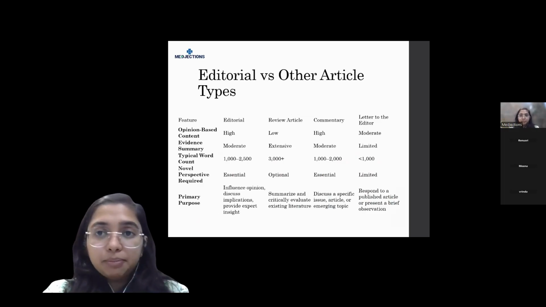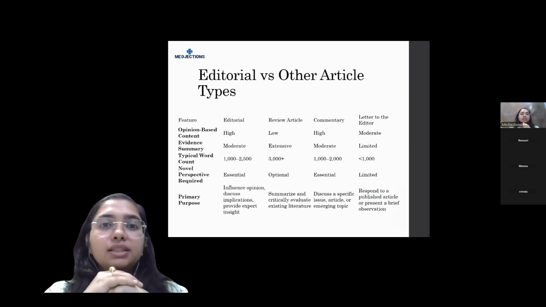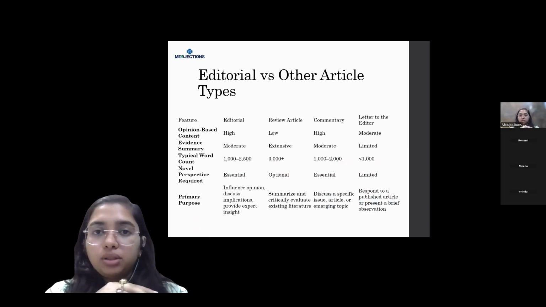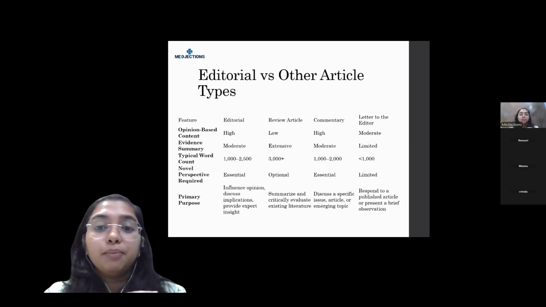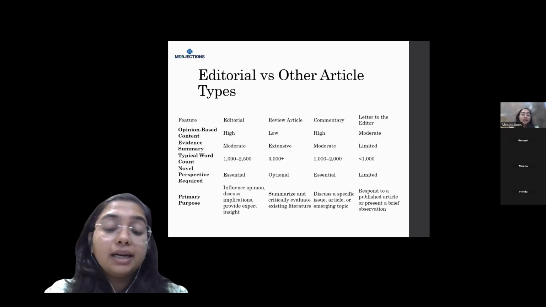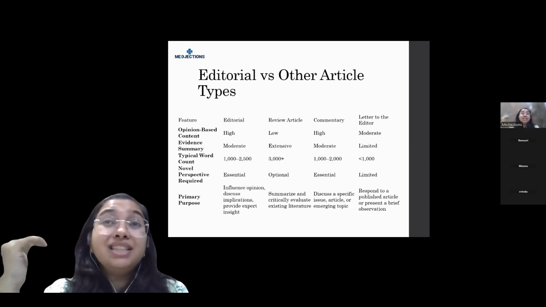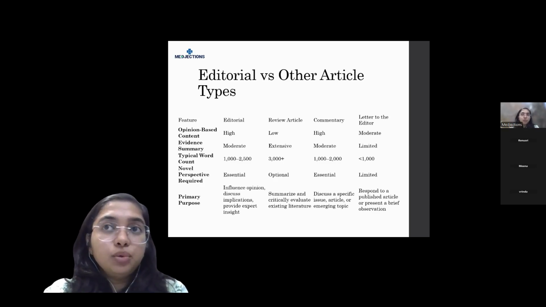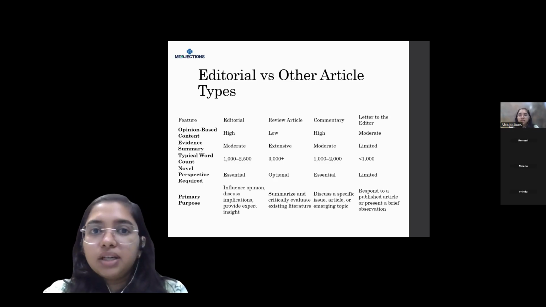You read that paper and then you felt that, okay, there are some points that I can talk about. If there is something about, for example, a cardiomyopathy drug, and you felt that, okay, this is something important, then you write that. But commentary, the problem is that it discusses very specific issues, articles, and things, but you cannot add much significance to your resume.